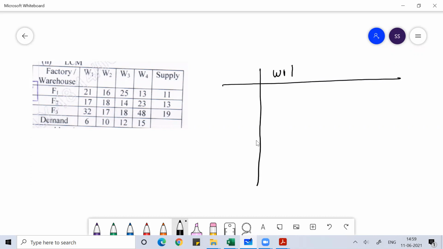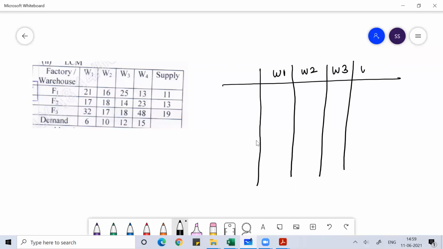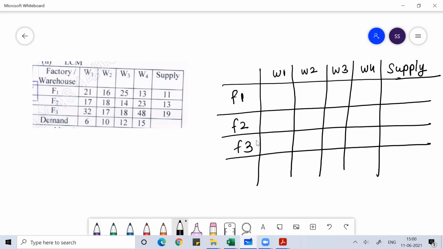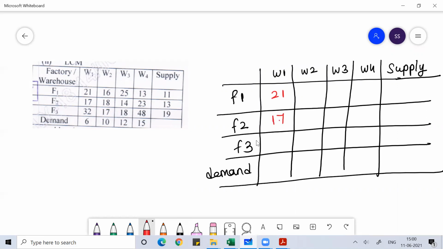So this is W1, W2, W3, W4. Then here is supply. Then this is F1, this is F2, this is F3. Then here there is a demand. This is 21, 17, 32.